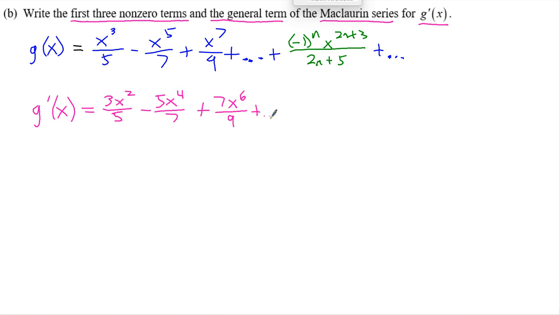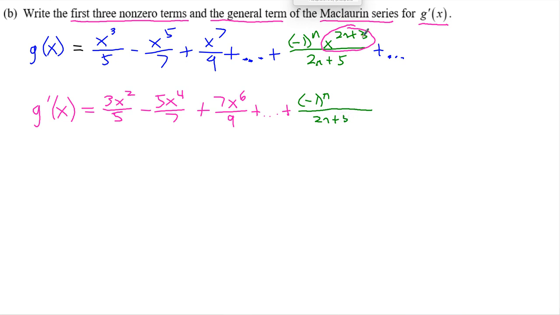And we really do the same thing on the general term, it just looks more complicated. Notice the only part that's a variable is the x. Remember, n's are just constants. So we're just going to use the power rule on this part. The other part stays the same. So negative 1 to the n stays the same, and the 2n plus 5 stays the same. And then we use the power rule on this one.